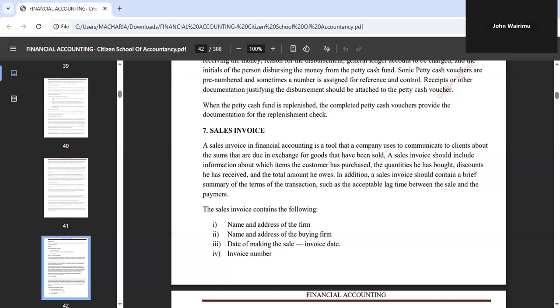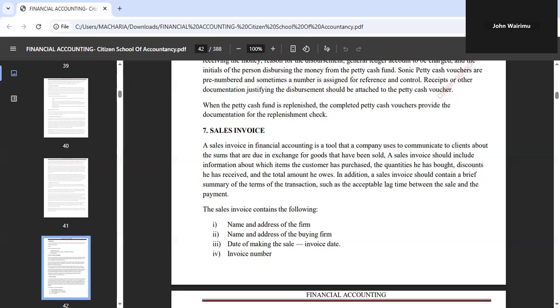Once you pay me, I'm going to write for you a receipt to show that you have completed the transaction. So a sale invoice should include information about which items the customer has purchased, the quantities he has bought, the discount he has received, and the total amount he owes.